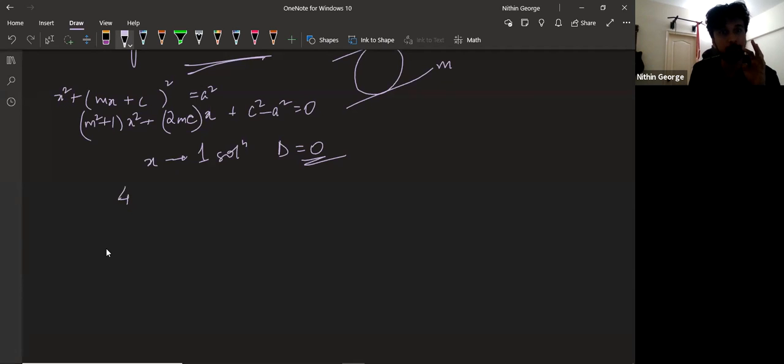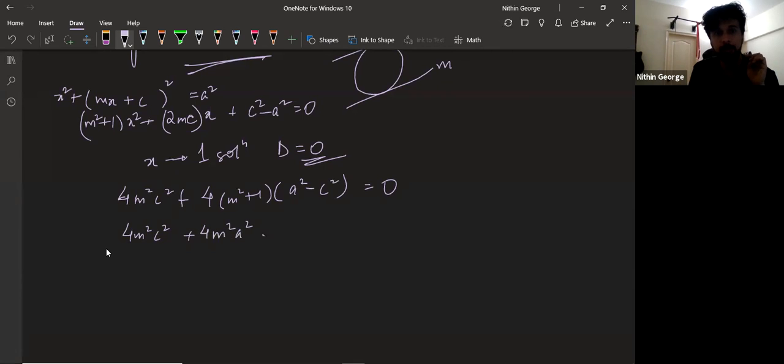So b square minus 4ac: 4m square c square minus 4 into m square plus 1 into c square minus a square. I'll write that as a square minus c square and put minus plus. This should be equal to 0. So 4m square c square plus 4m square a square minus 4m square c square plus 4a square minus 4c square equal to 0.